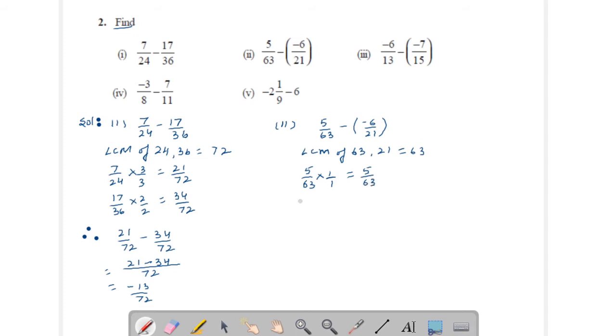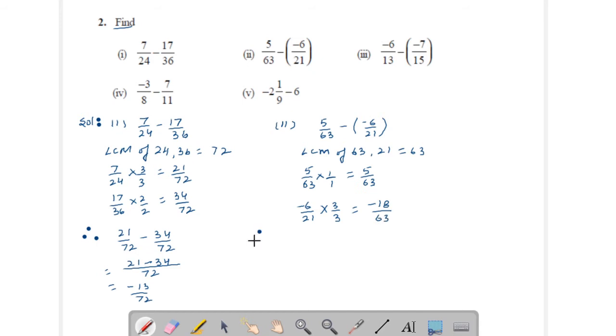Then take second rational number, that is minus 6 upon 21. Here denominator is 21. Divide 63 by 21. You will get 3. Multiply by 3 in numerator and denominator. You will get minus 18 upon 63.